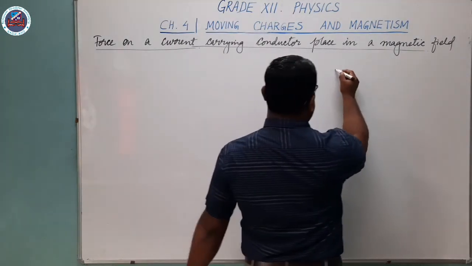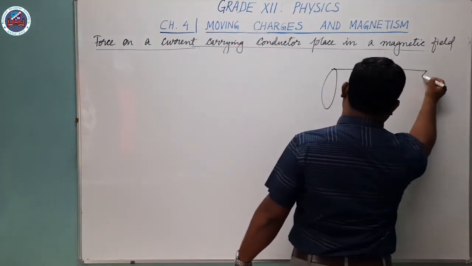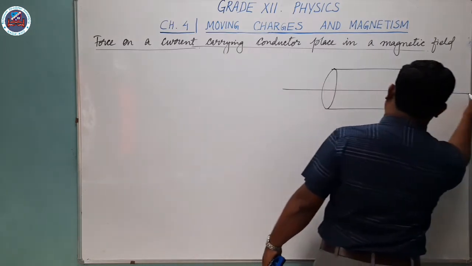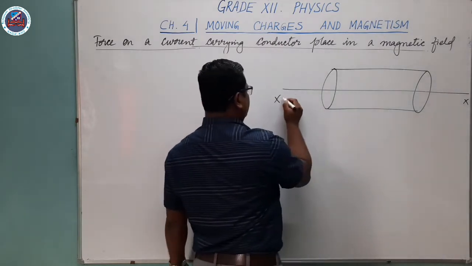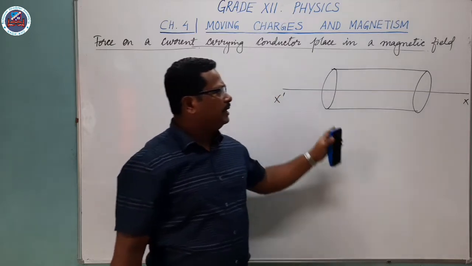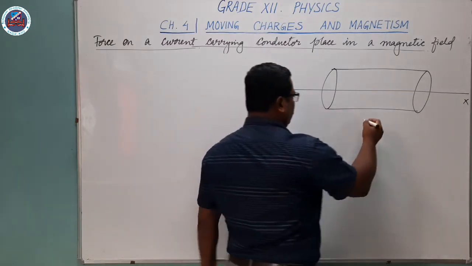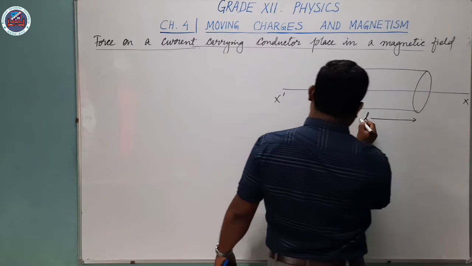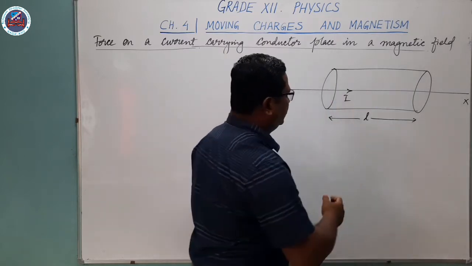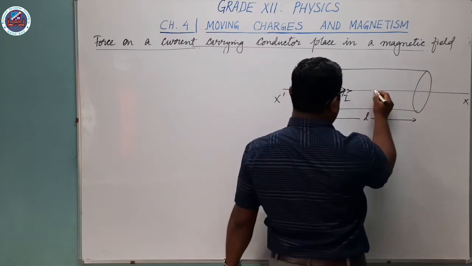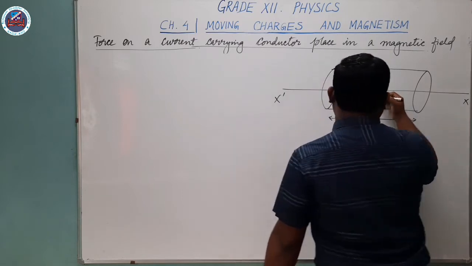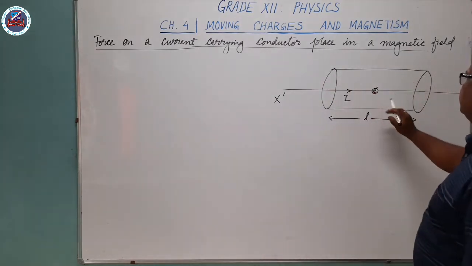Suppose we take a cylindrical conductor like this and place it along the x-axis. This is the positive x, this is the negative x-axis. If you place this conductor of length L, carrying current I in a magnetic field, let us take the negatively charged electron present in the conductor.